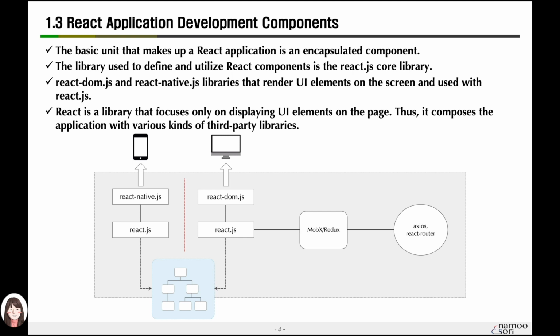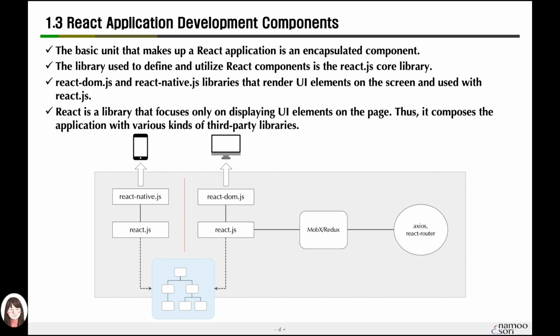We plan to conduct a future class in the form of using React-dom.js in React.js. When we make React components, state management is one of the very important points. A store for managing the state of this component will appear later. Then there are management libraries that can manage this store. Representatively, there are libraries called MobX and Redux. Of course, there is not only one library related to MobX and Redux.